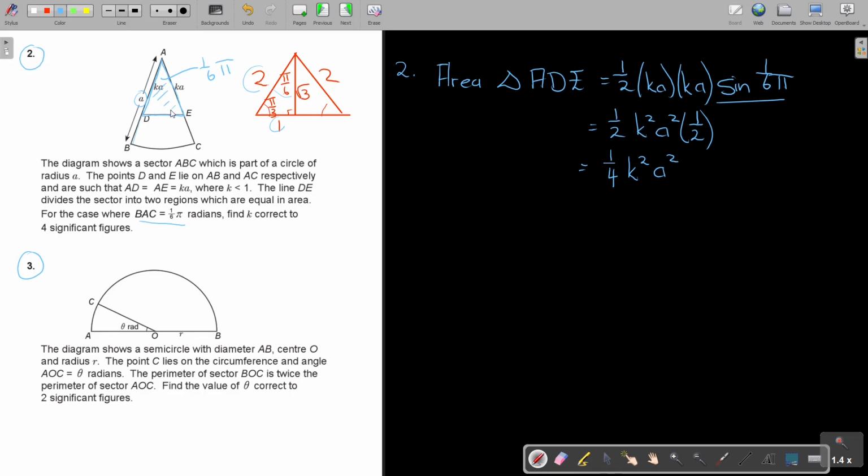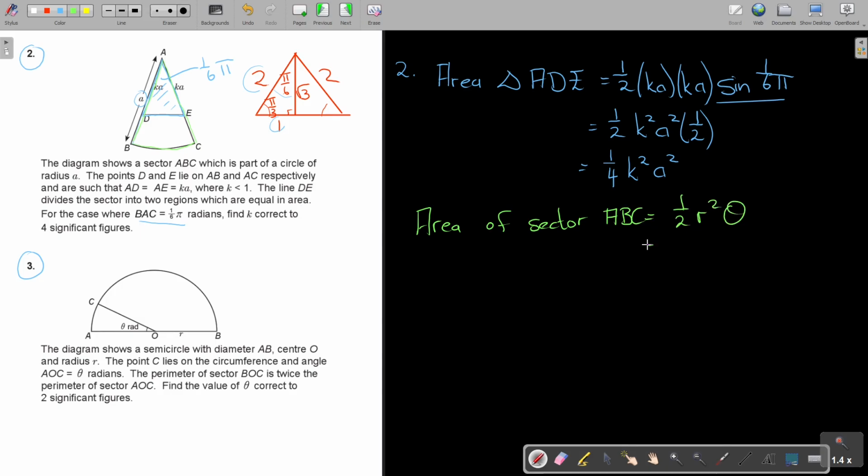Now, I'm going to work out the area of the sector. Okay, so let's make the sector green. So the area of sector ABC, and the formula is half r squared theta.